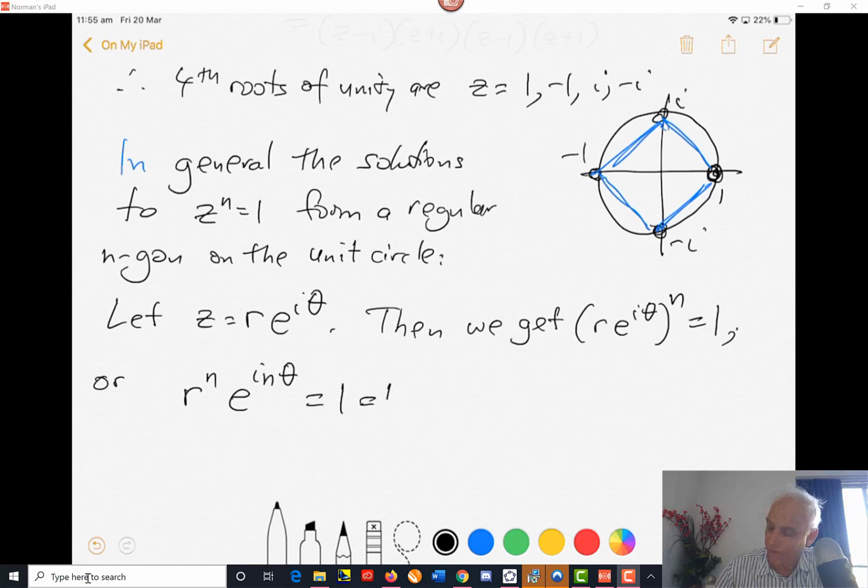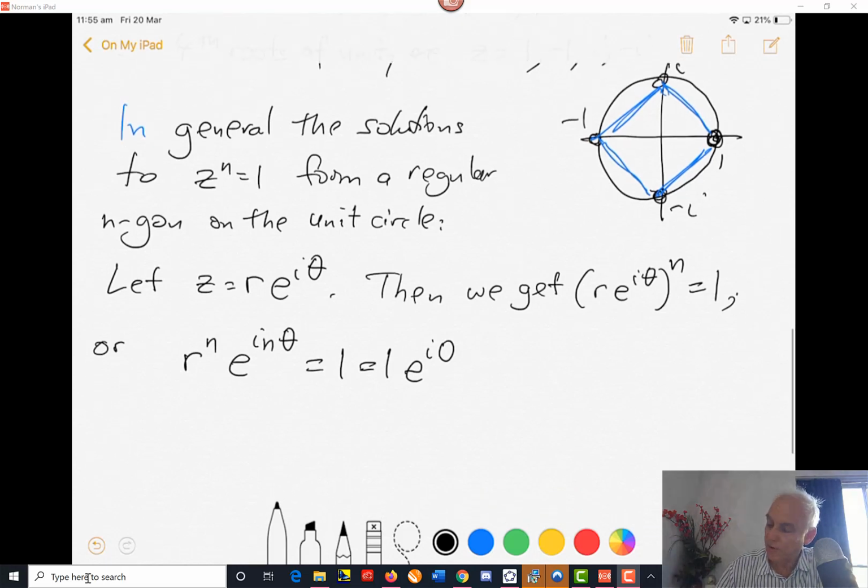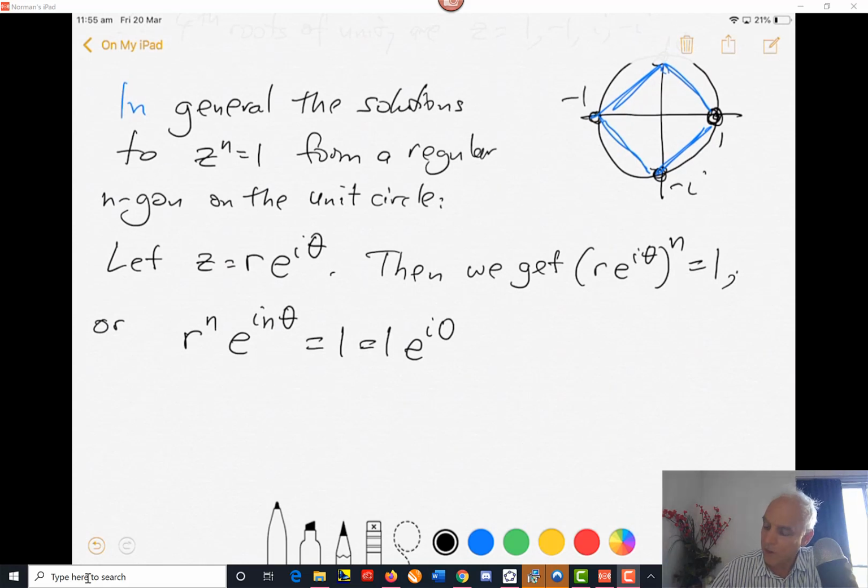Well, if we write it in polar form, it's 1 times e to the i times 0, really, right? Because the angle is 0, the argument is 0. So if we compare these two sides of the equation here, we get two equations. One of them is that r to the n equals 1, and the other one is that e to the i n theta equals 0.